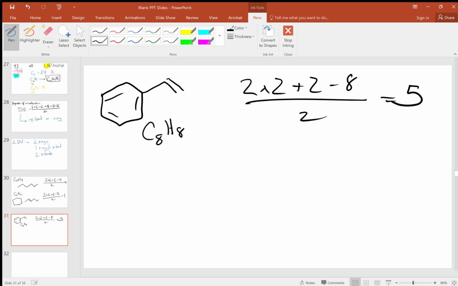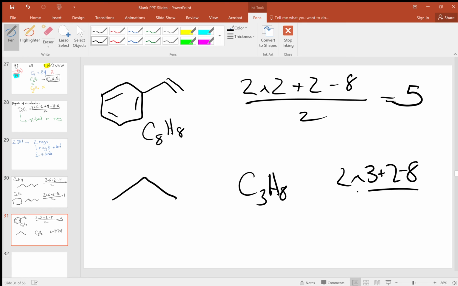And finally, the most important piece of this to note is that, interestingly and maybe surprisingly, oxygen doesn't influence our degrees of unsaturation. So if we have this C3H8, 2 times 3 plus 2 minus 8 divided by 2 is equal to 0.